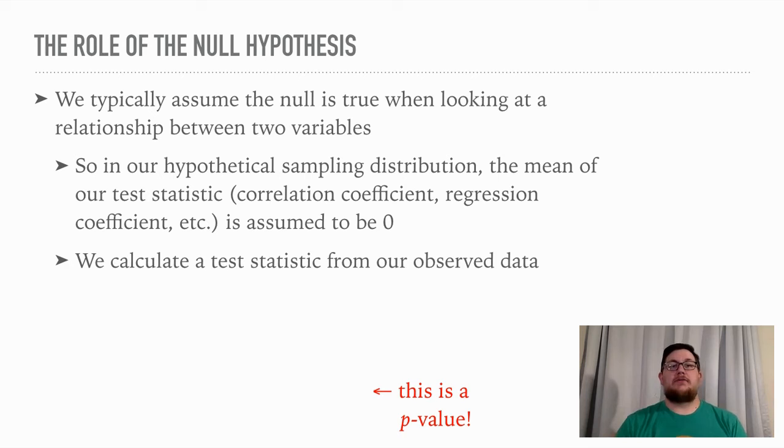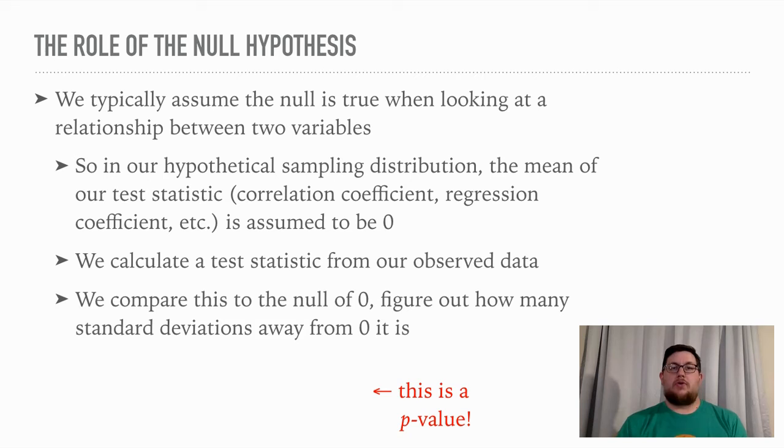From there, we take the data that we have and we calculate our test statistic within our sample. We assume the true value is 0. We calculate what our sample tells us. We compare this observed sample test statistic value to the assumed true value of 0, the null, and we figure out how many standard deviations away from 0 we are.